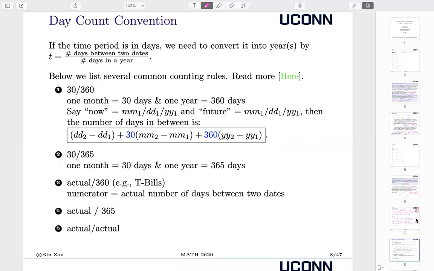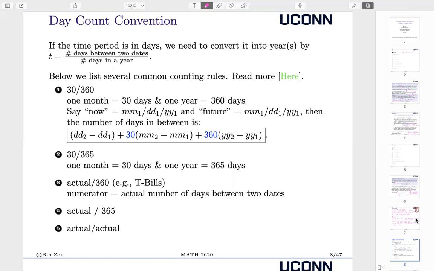So we need to do the conversion, and this is often referred to as day count convention. This is not mentioned in the textbook, so I'm not sure whether SOA will test this, but it is very important in practice.